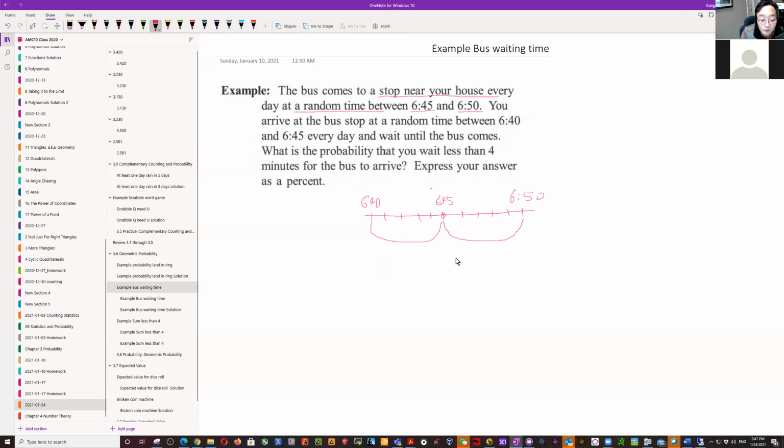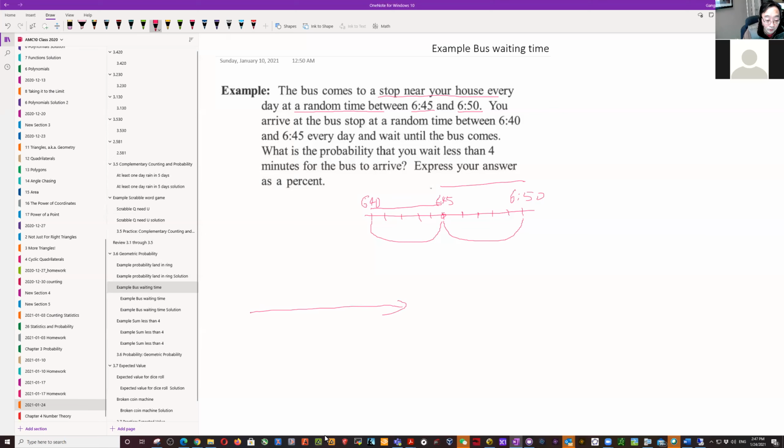It's going to ask you the probability that you're going to wait less than 4 minutes. And if you just lay out the time axis like this, it's extremely difficult to calculate. So a trick in doing the geometry problem is that, because this is your arrival time and this is the bus's arrival time, and those are two different entities, you can intersect them with a Cartesian coordinate.